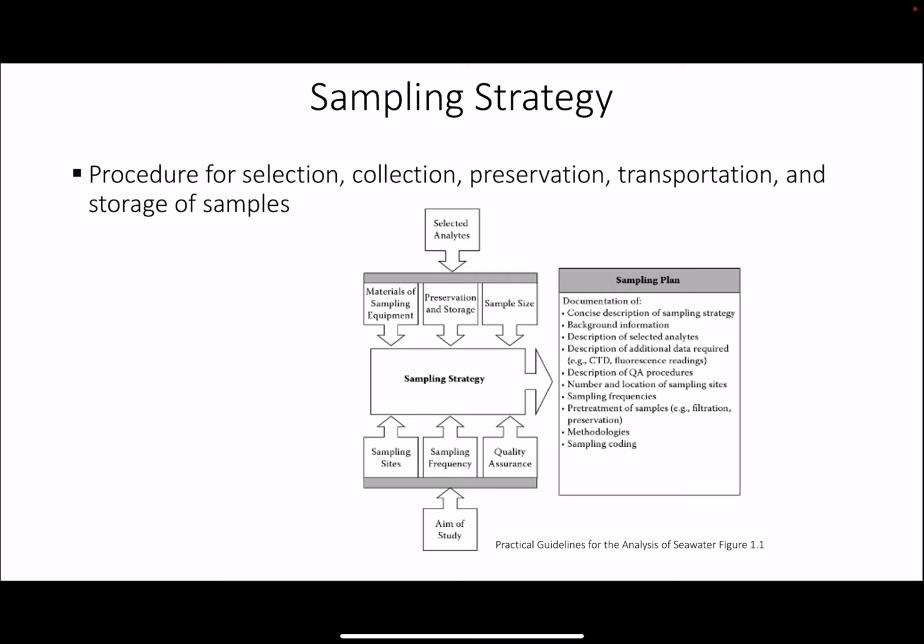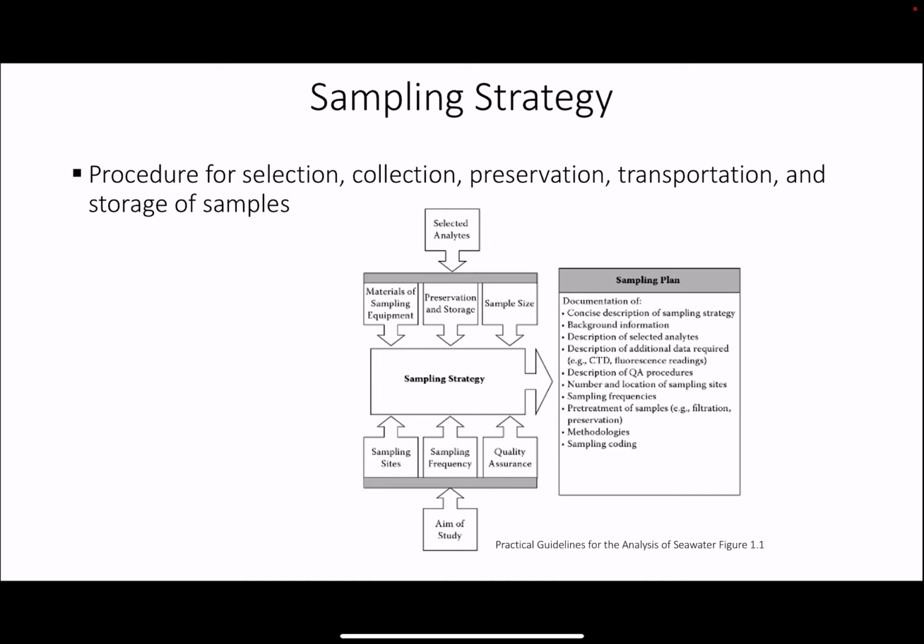And so on a 3-month cruise, that could mean you collect samples on the first week of the cruise, and you need to maintain the integrity of those samples for the following 3 months until you get back to shore. So you need to be aware of what it is you want to measure, how you should go about strategizing how to sample that, what equipment needs to be used, what kind of storage, how they need to be preserved, and then also the sample size.